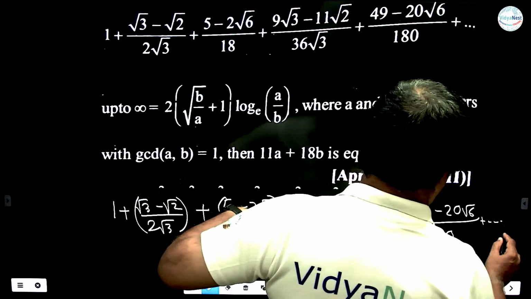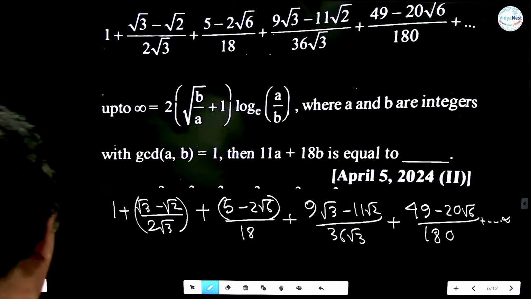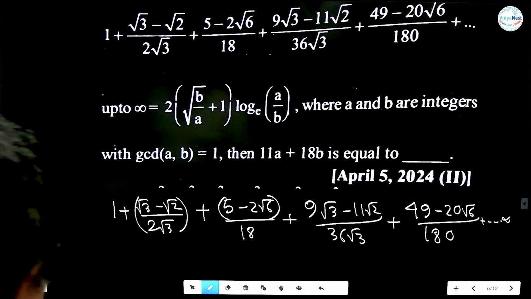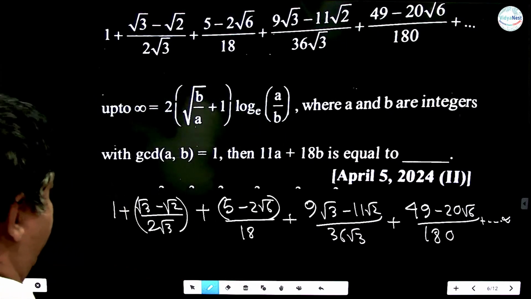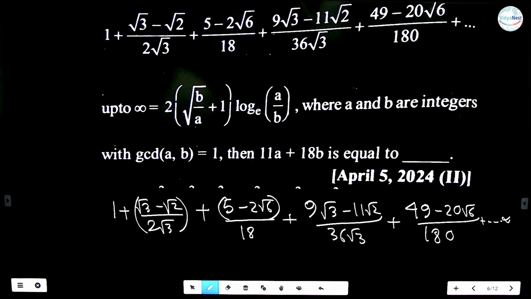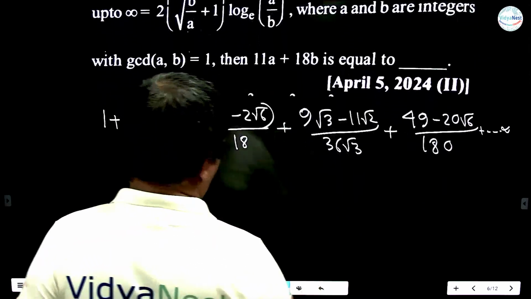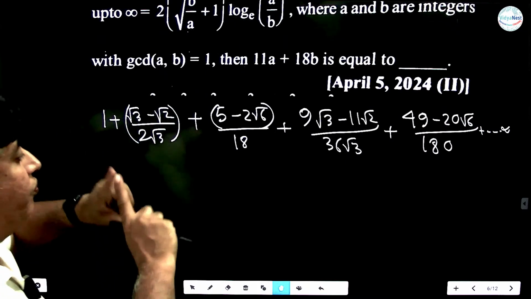There is some printing ambiguity. How to define this sum? 2 root 3 whole square, how much? 12, but given 18. See, it is a difficult job because the sum looks very critical.